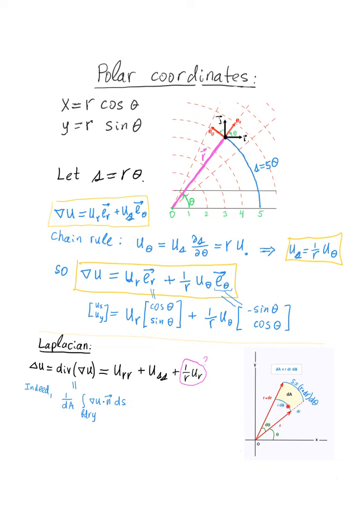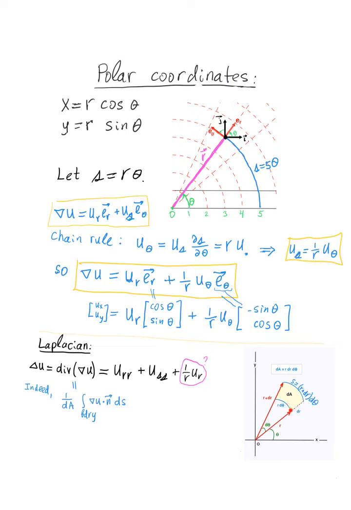So let's take a region like part of an annulus sandwiched between two arcs of a circle. Suppose that one arc has radius r, another has radius r plus dr. So this region is almost like a rectangle, except that the outside arc is actually longer than the inside arc.